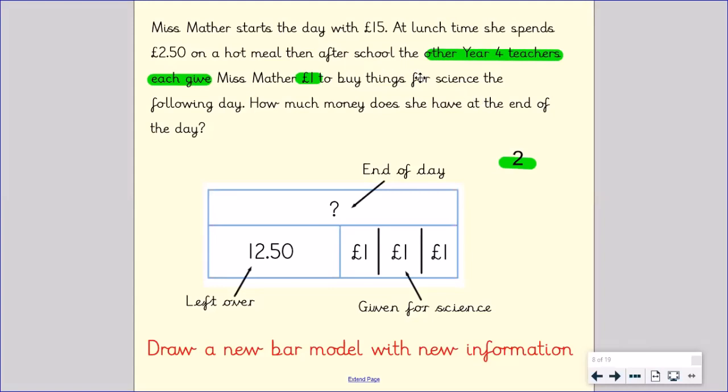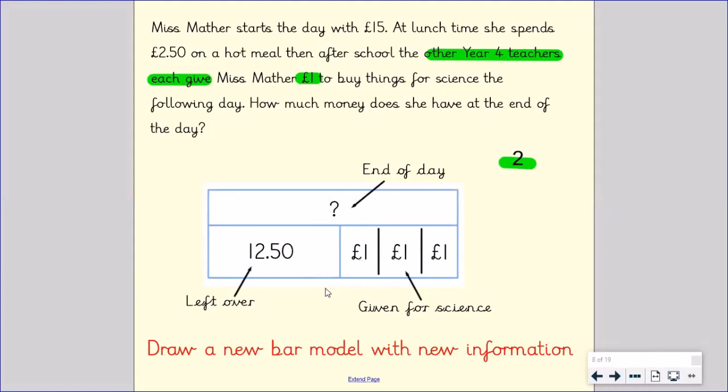And the next part of the question asks me to add £1 for each of the other Year 4 classes. Okay, so we know there's 4 Year 4 classes altogether, which means that there are three amounts of money coming in, or 3 lots of £1 coming in from the other classroom teachers.